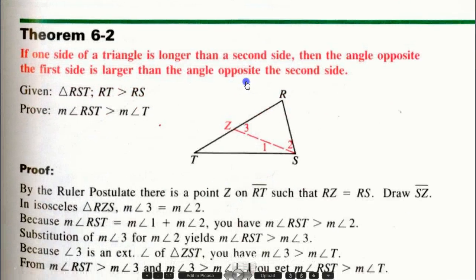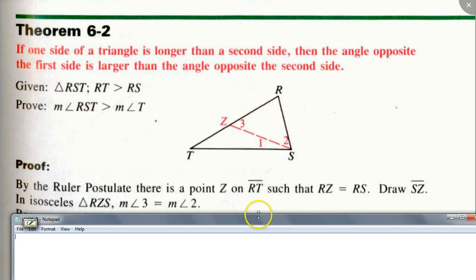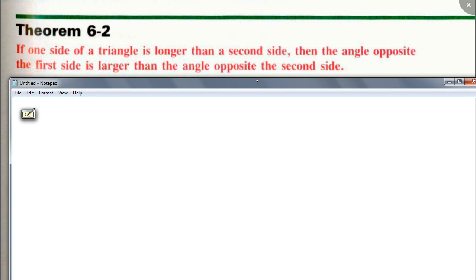So, here's the theorem. The way they describe that picture above is this. If one side of a triangle is longer than a second side, isn't that what we had before? Then what can we conclude about the angles opposite of those sides? The angle opposite of the first side is larger or smaller?